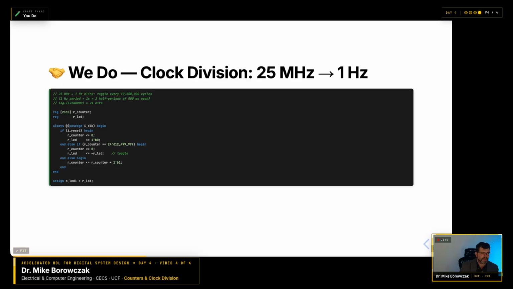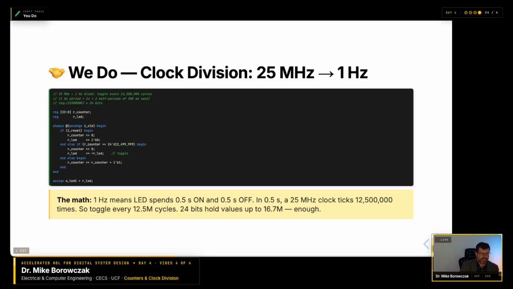But in normal operation, if the counter hits 1 less than our target, because we're counting from 0, 12,499,999, we're going to reset our counter, and very importantly, toggle our LED. So LED toggles here. In normal operation, we are just incrementing our counter by 1.